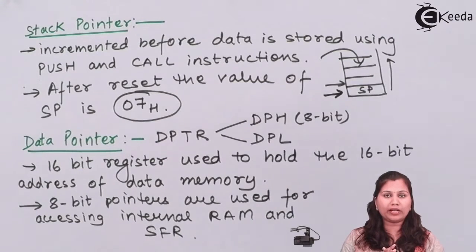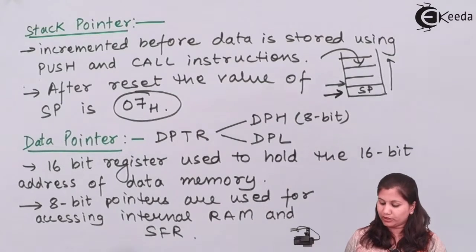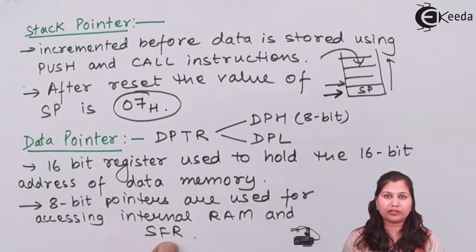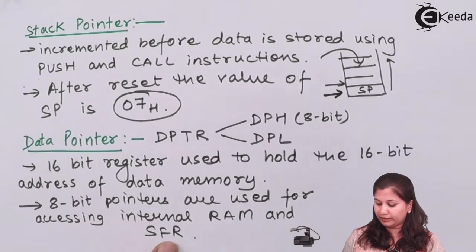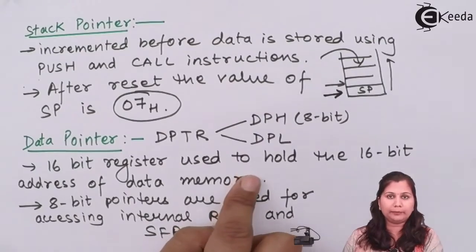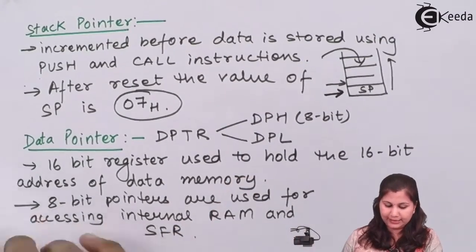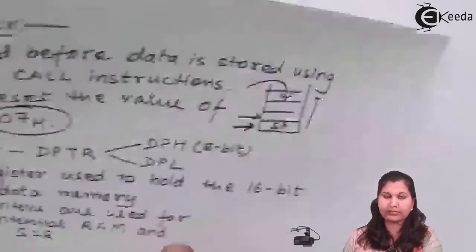So if we want to address the internal RAM and the SFRs, then we will use the 8-bit pointers, because the addresses of the internal RAM and the SFR are 8-bit. So for 8-bit addresses, we will use DPH and DPL, and the 16-bit data pointer will be used for accessing the external memory.